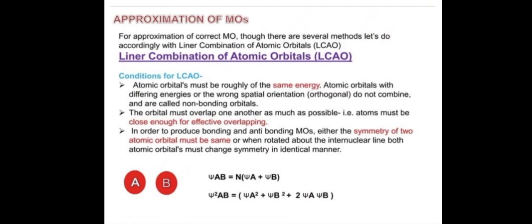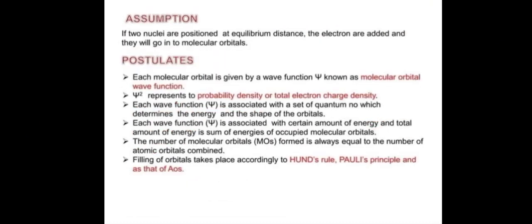The next important point is that each molecular orbital is given by a wave function psi, and it is known as the molecular orbital wave function. We are already familiar that psi square represents the probability of finding an electron, or probability density, and each wave function is associated with a set of quantum numbers which determines the energy and shape of the orbitals.